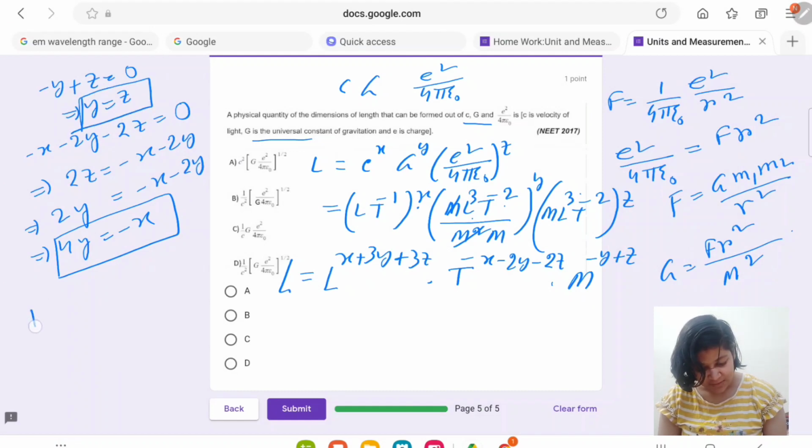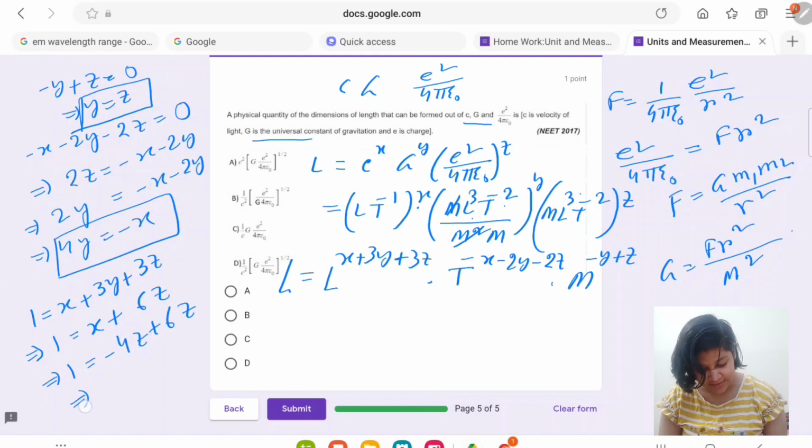Now we can equate the power of L, and we will get, y and z are equal, so this is 6z. We also know the relation between x and y. x is equal to minus 4y or minus 4z, because y and z are the same thing.